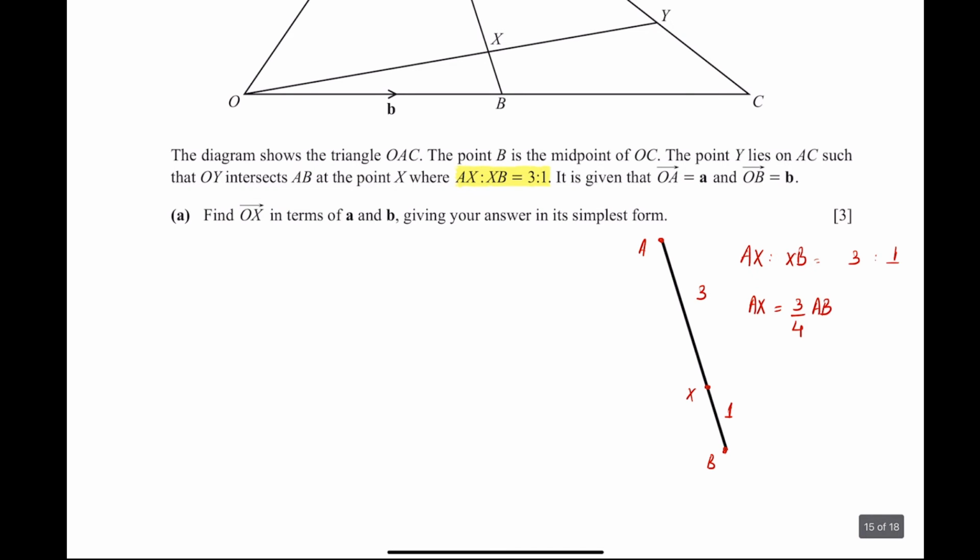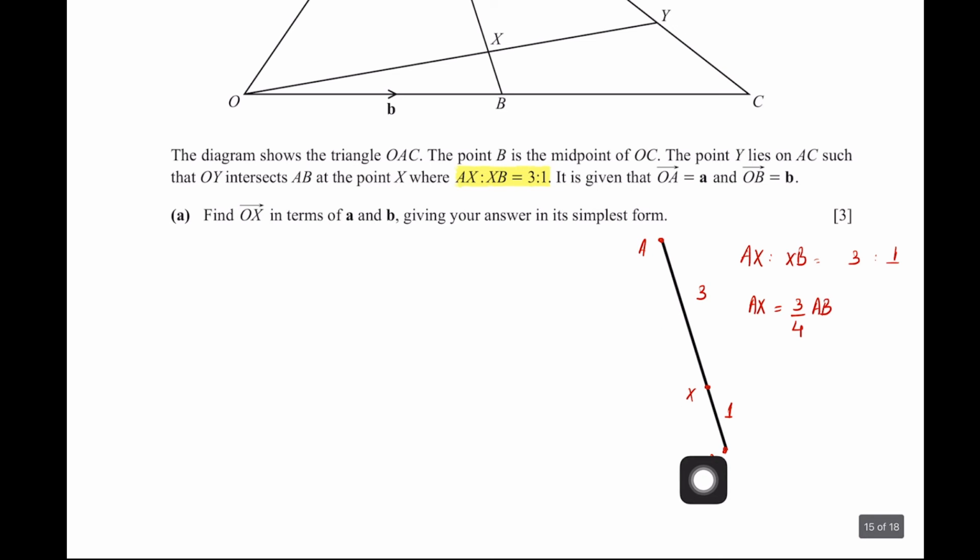Think of it this way: you have two people who are dividing, let's say, a profit in the ratio of 3:1. That means they've taken the total profit, split it into 4 parts, and now A is taking 3 parts and B is taking the other 1 part. So A is taking 3/4 of the total and B is taking 1/4 of the total. Just like that, you have this line and this point X such that AX and XB are in the ratio 3:1.